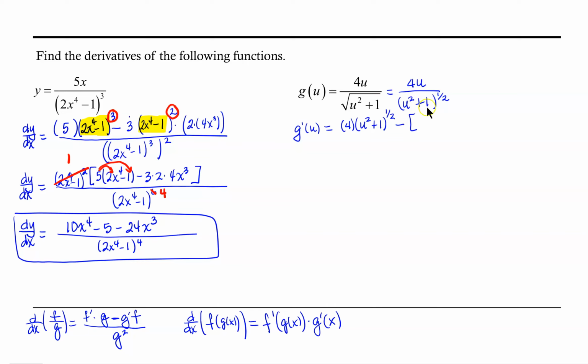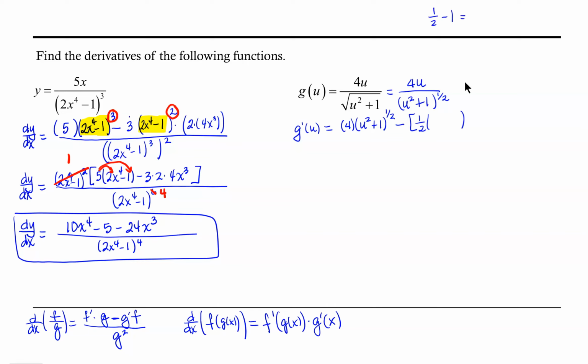So our denominator is something to the 1/2 power. So when we apply the chain rule here, we will deal with the 1/2 power first, and then our argument or our inside will be the u squared plus 1. So the derivative of something to the 1/2 power is 1/2. Leave our argument alone, then 1/2 minus 1.